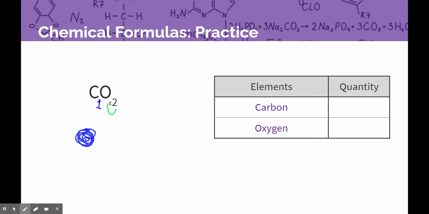Since I have a 2 right after this oxygen, I know that I've got 2 oxygens. And I don't have a coefficient, so that means I only have 1 of these molecules. So my answer should be I have 1 carbon and I have 2 oxygens.